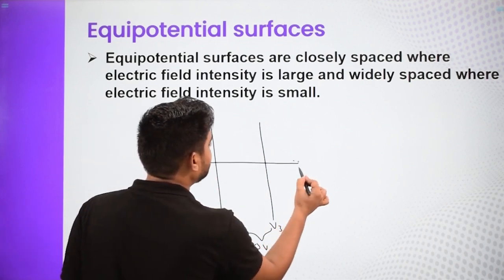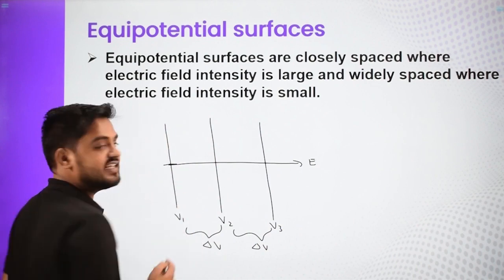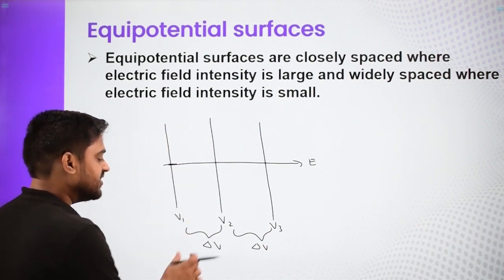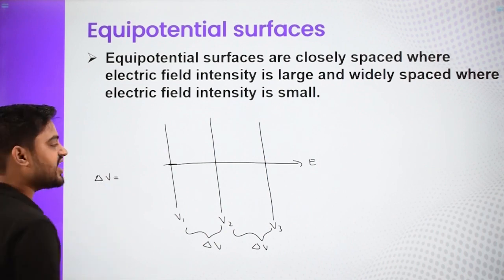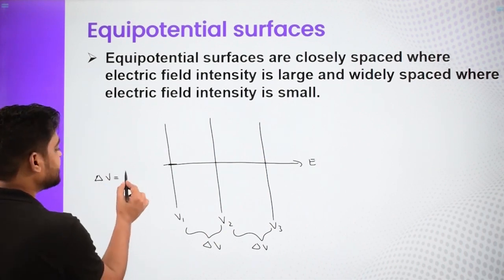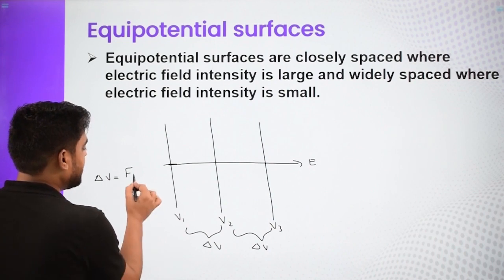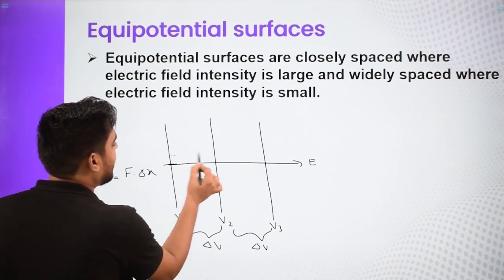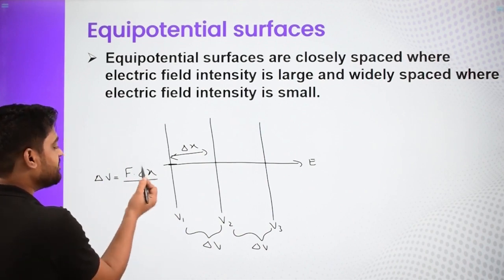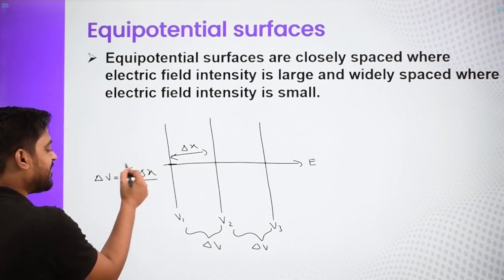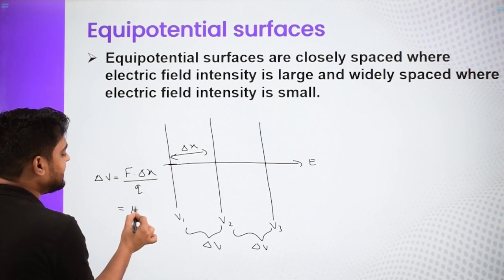The potential difference is defined as work done per unit charge, and work done per unit charge is force per unit charge into displacement. Let the gap be delta x here. So force per unit charge is E, and delta V equals E delta x.